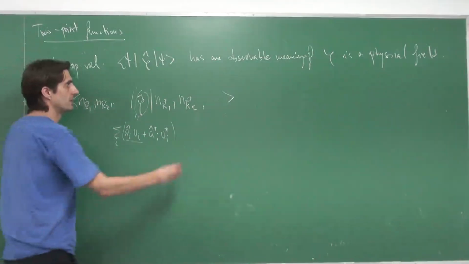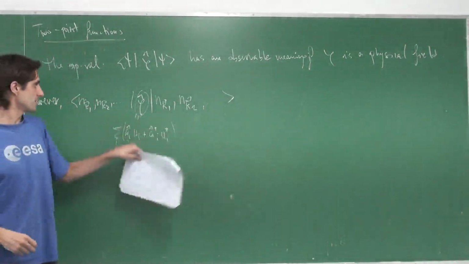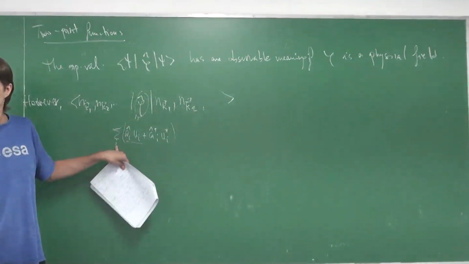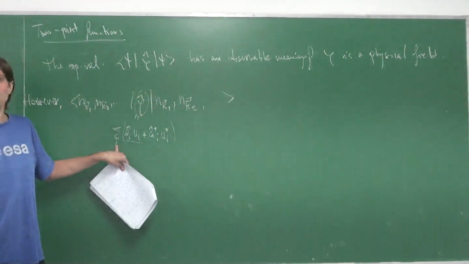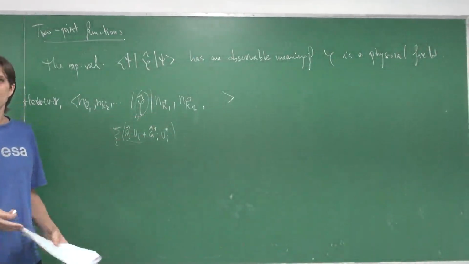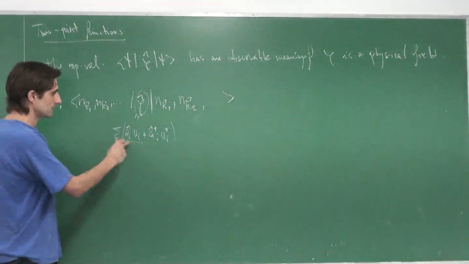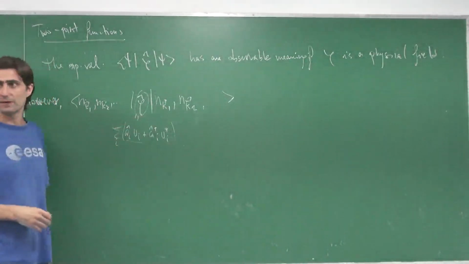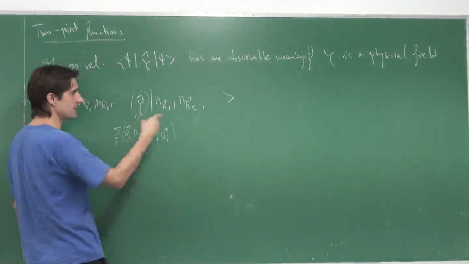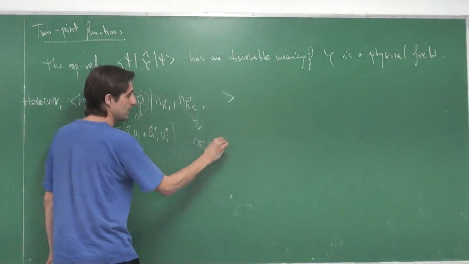So i here is just an index labeling the modes of the field. So it can be k, all the different values of k. In that case, it's a continuous index, it would be an integral over k. For a given value of i which corresponds to the value of k, suppose that i is equal to k2, you will remove one particle, you will have n_k2 minus 1.